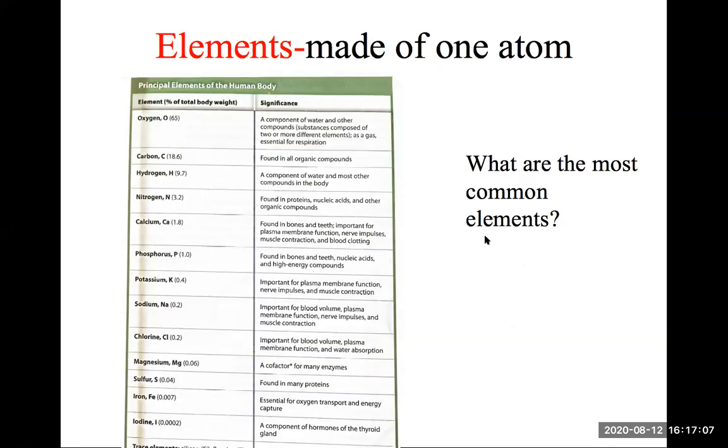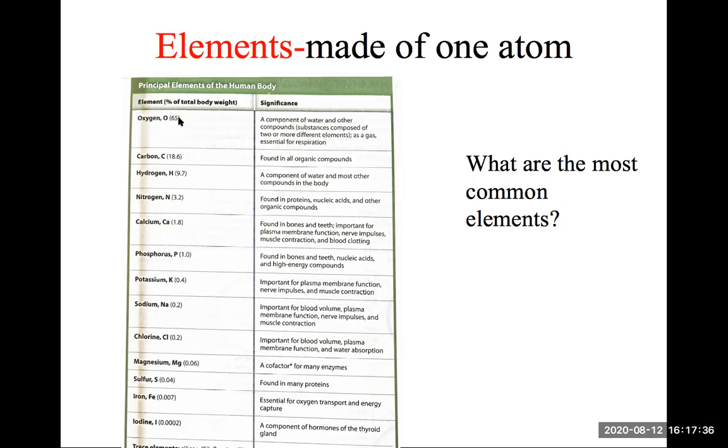All right, now over here we see a breakdown of the elements that are most commonly found in the human body. An element is just a large amount of material made up of one single type of atom. So over here, the element oxygen: each of these is going to be an individual oxygen atom, and oxygen by body weight or mass is 65%.